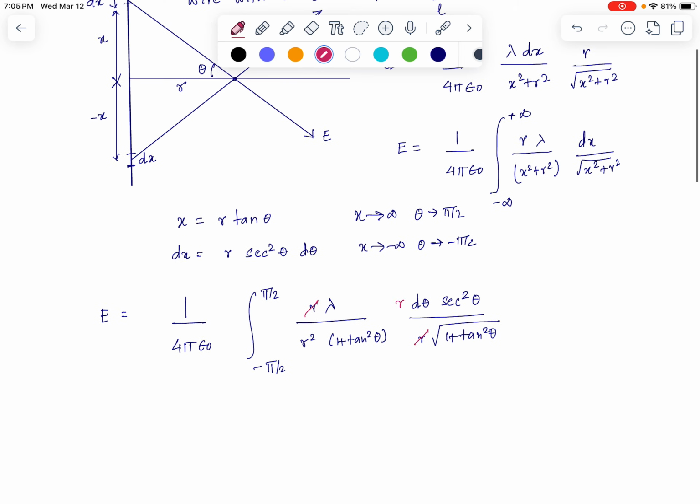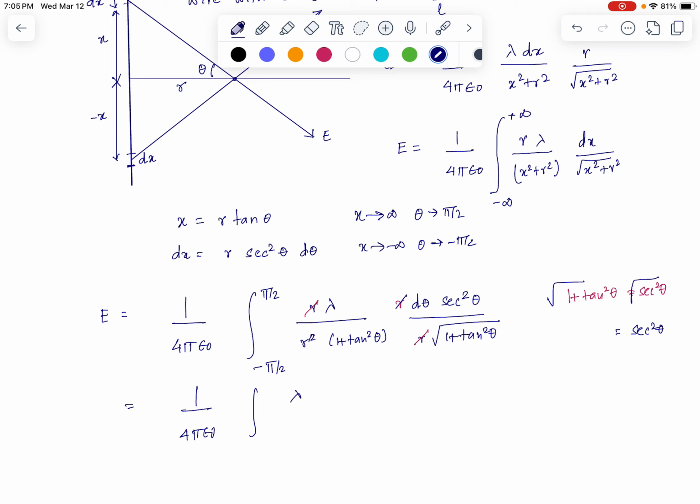So we know that 1 plus tan square theta equals secant square theta, and the square root of that equals secant theta. So what we can do is we can write this as 1 divided by 4 pi epsilon 0. One of the r's gets cancelled out here.